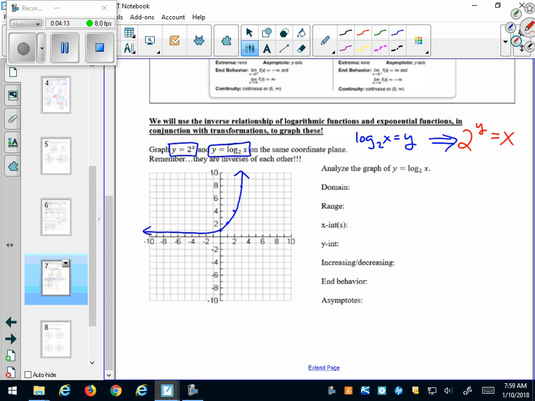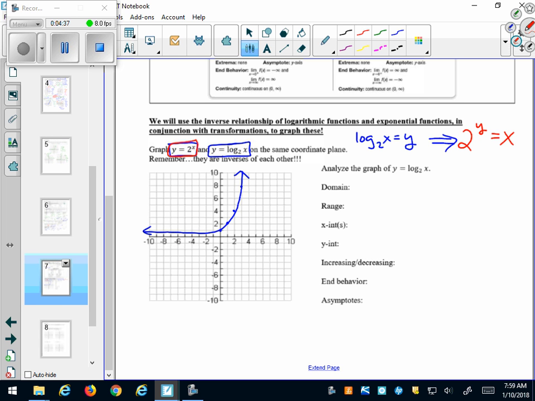Right? That's just what that log means. How is that related to this? Ding, ding, ding. It's the inverse. Remember when we were finding inverses, we just switched the x with the y? So this is the inverse.